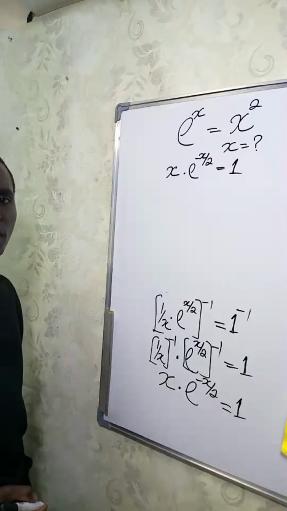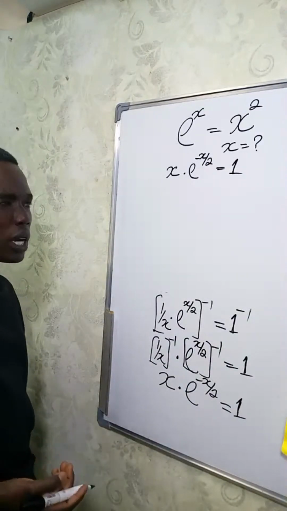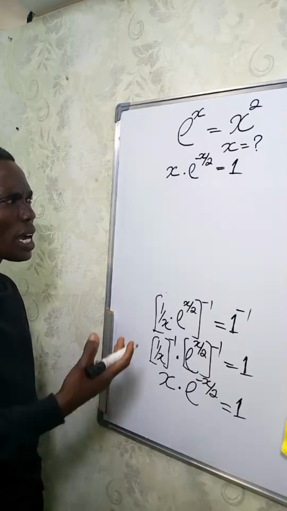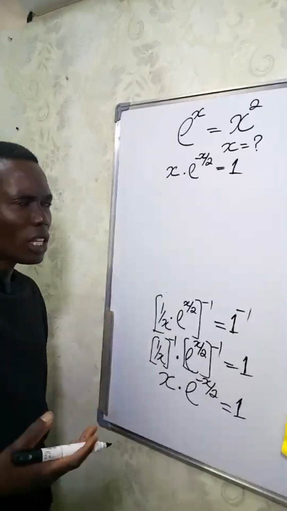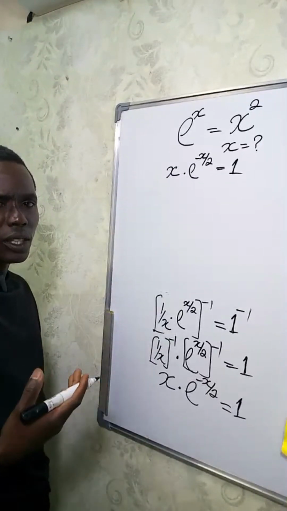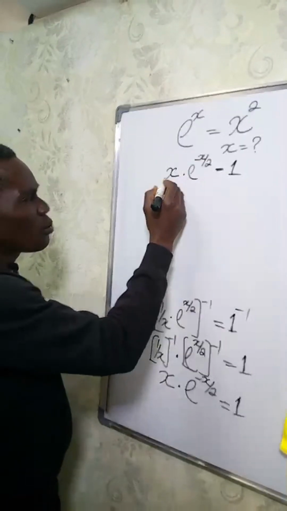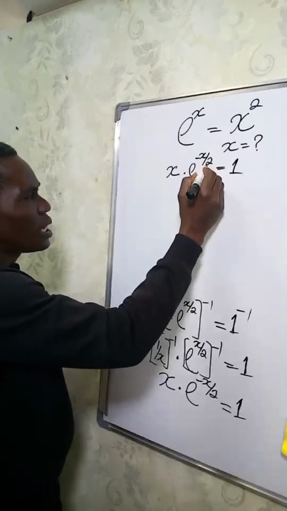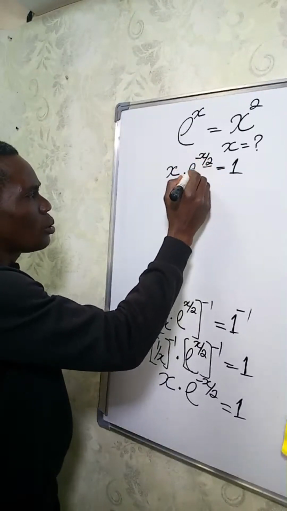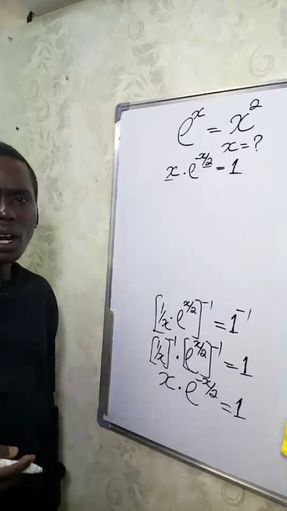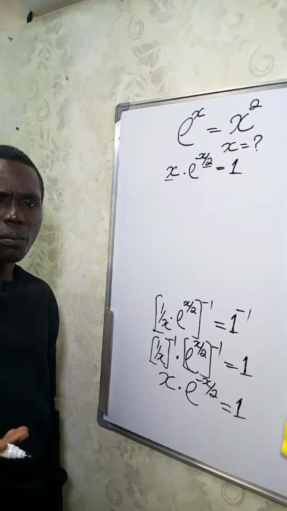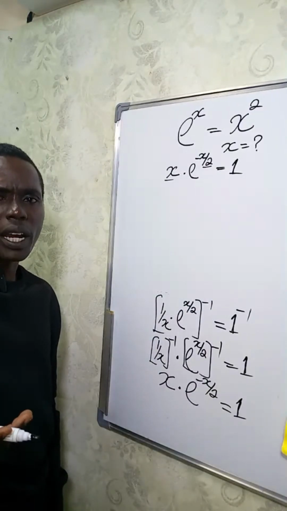Now, having seen this expression, I want us to look at the way we can mend this expression in order to get the Lambert W function. The only way we can do that is to multiply both sides by an expression to make this look like what is here. And what do I have to multiply both sides by?